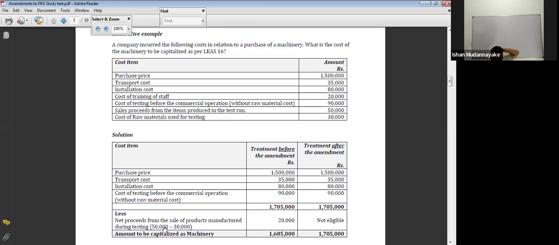Sales income of the items initially manufactured. Sales price 50,000, cost 30,000, net profit 20,000. Net profit deducted. Treatment after the amendment: not eligible.